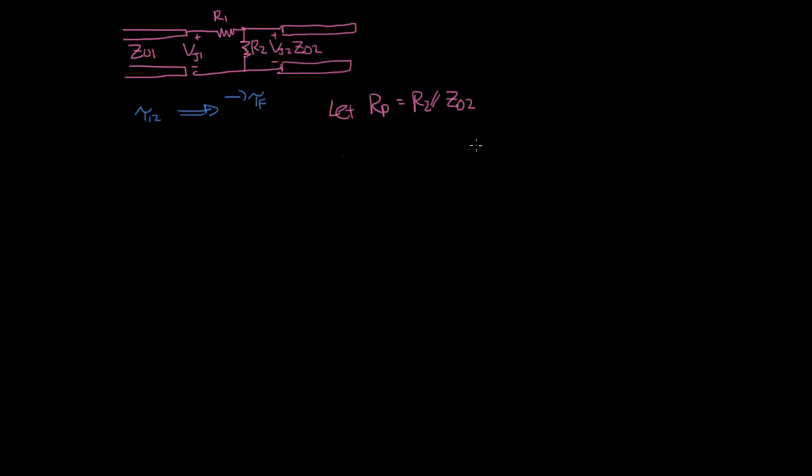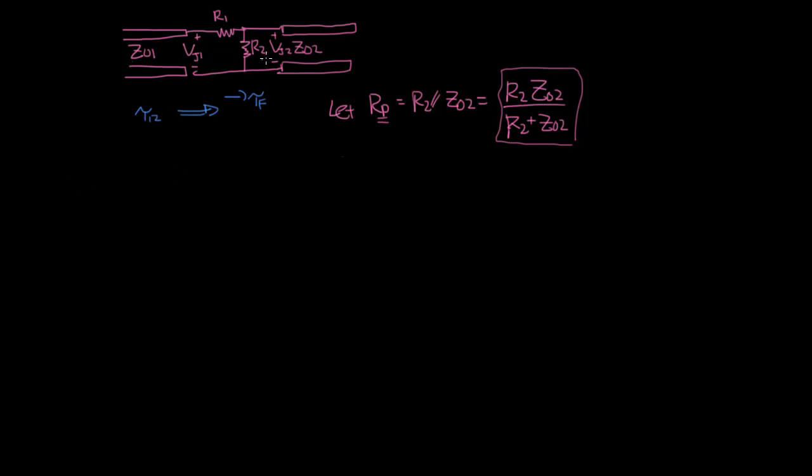It doesn't see anything else that's coming out on the other side. And so written out completely, that's going to be R2 Z02 over R2 plus Z02. So that's going to be equal to RP, which will simplify our math further on.